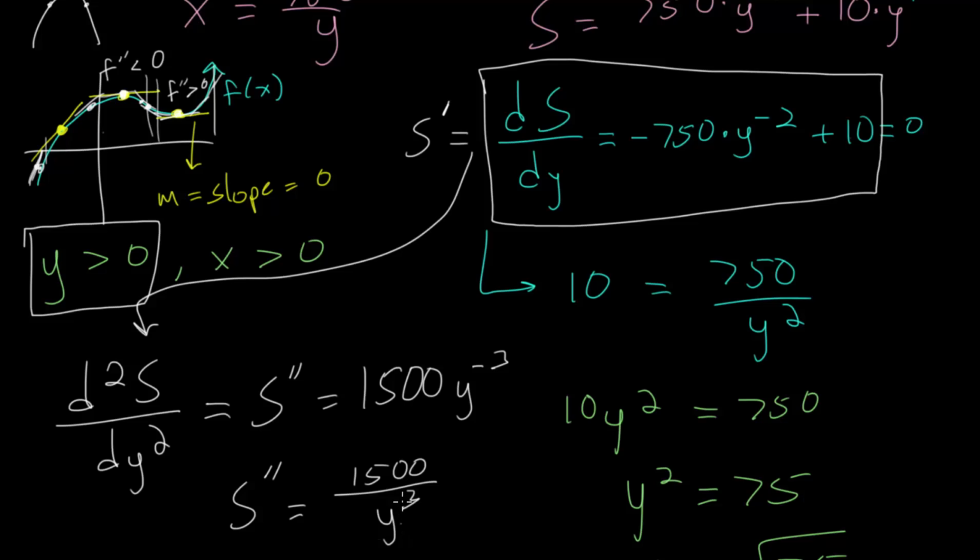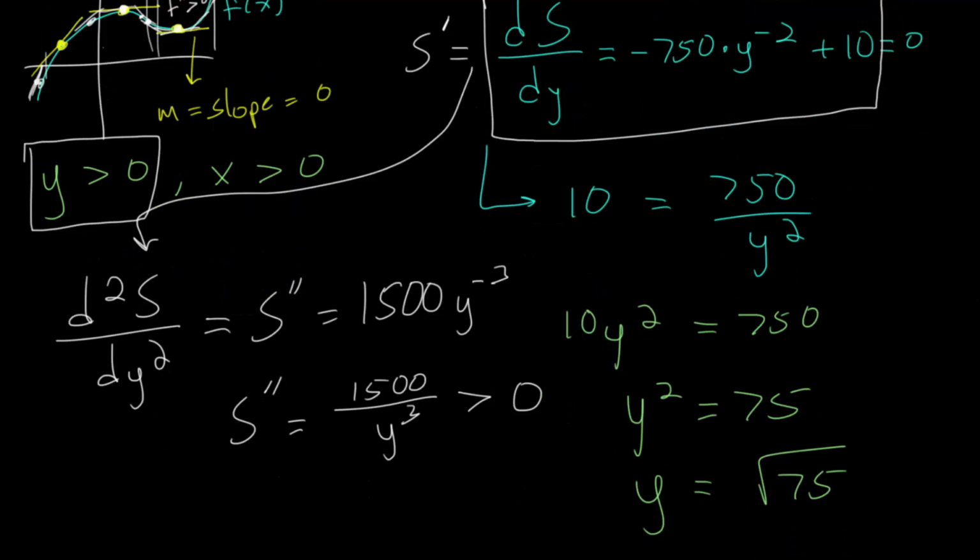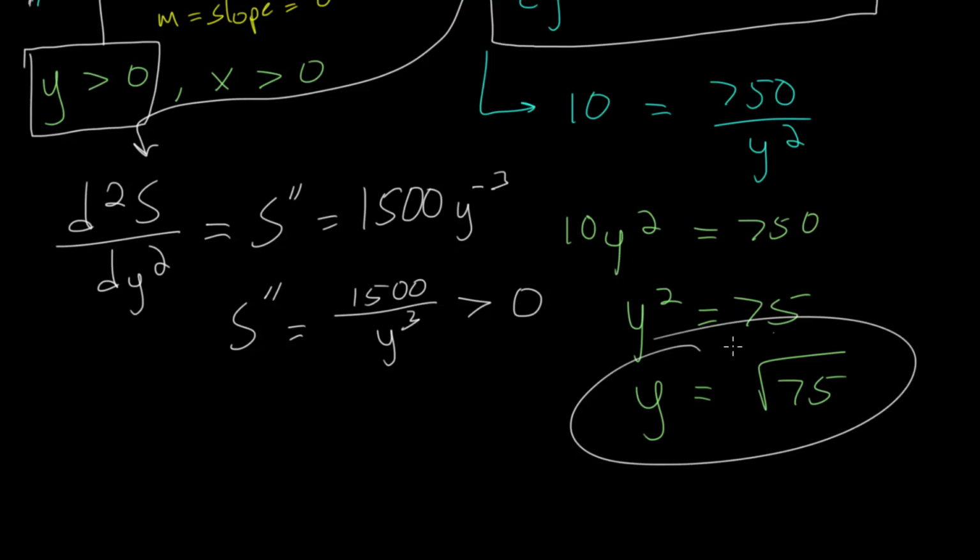And when we plug in some positive value and cube it, it is always a positive number. And 1500 divided by some positive number is always positive. So this is always greater than 0, meaning that our second derivative is always positive. And that tells us that this y value we find is in fact a minimizing value and not a maximizing value.